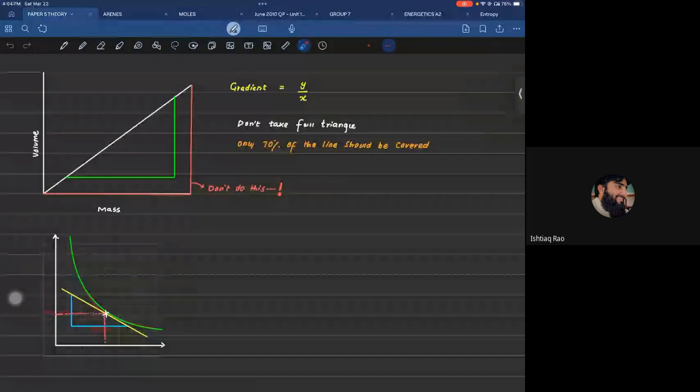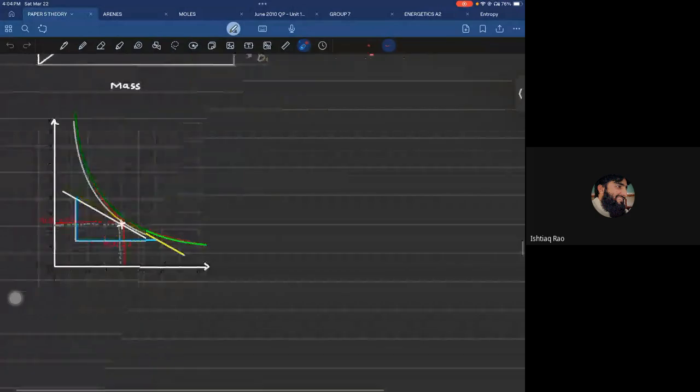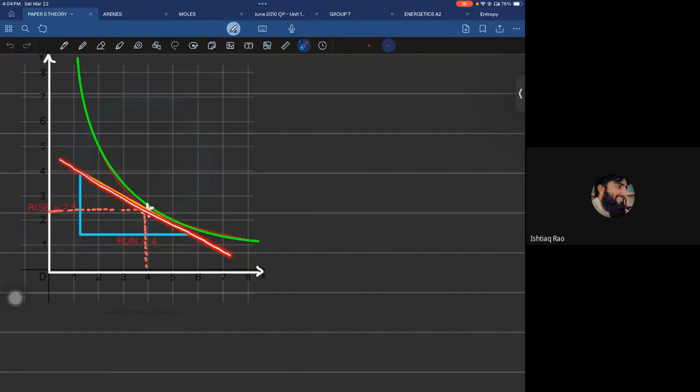If I have a curve, how can we find the gradient? First of all, you have to draw the tangent. What is a tangent? A tangent is a line which touches the curve at one point. As you can see, this yellow line is the tangent line, which touches one point of this curve.